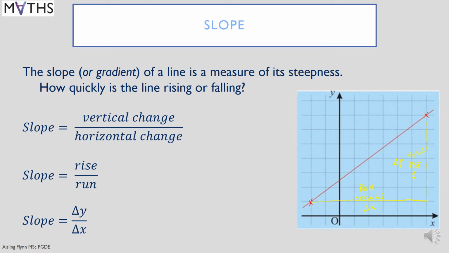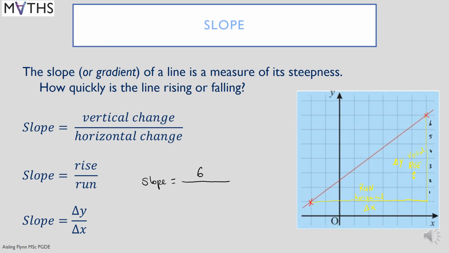Okay, so for this particular red line, now let's calculate the slope. Slope equals, alright, so let's measure the rise, or how far up or down you must go from one point to the next. So I'm using each grid square as a unit, so 1, 2, 3, 4, 5, 6, so 6 units in difference between one point and the next.